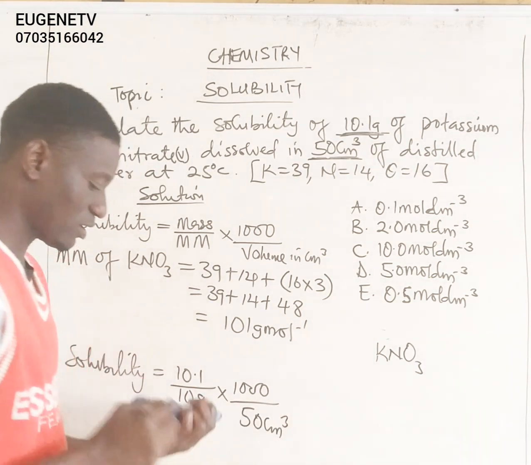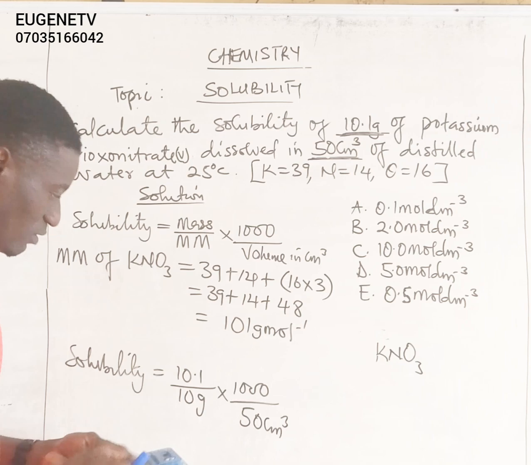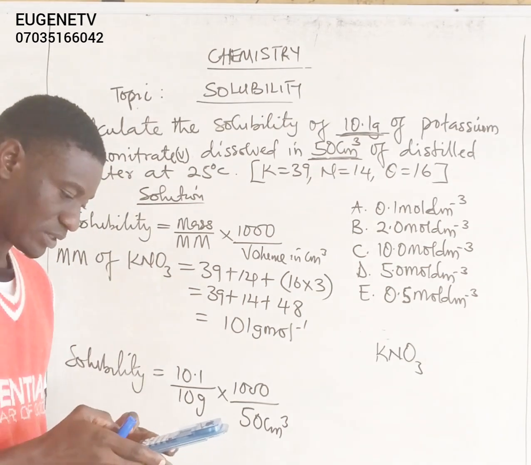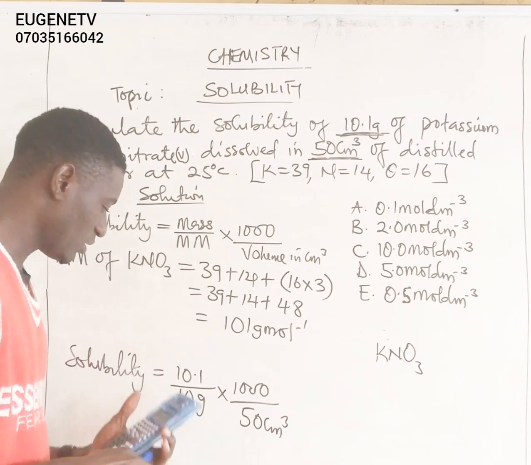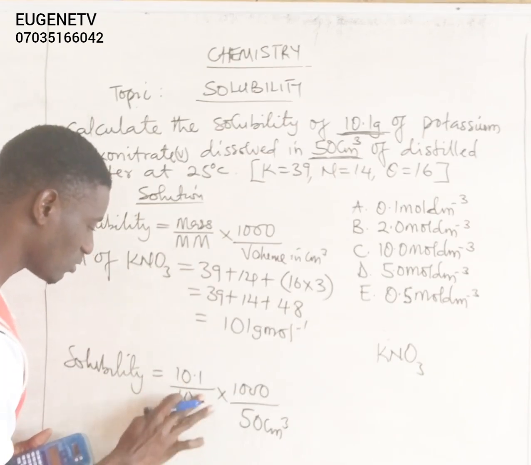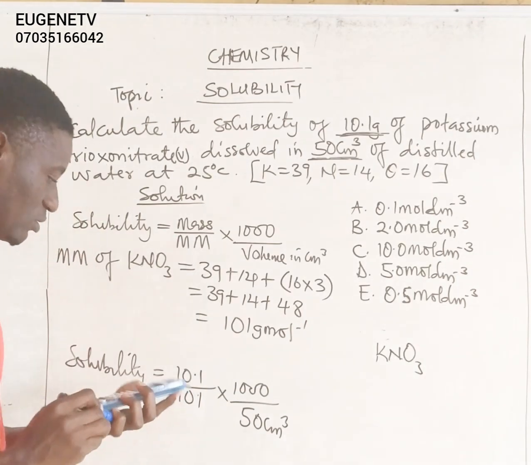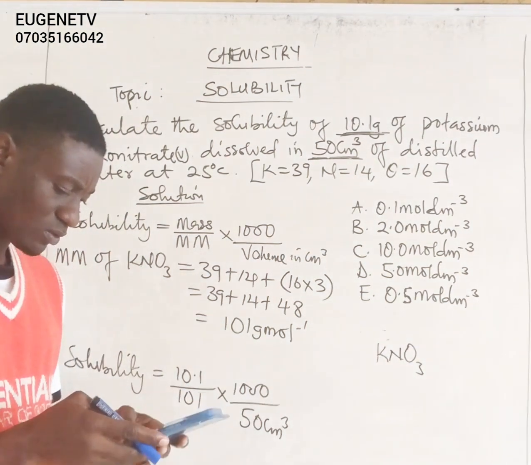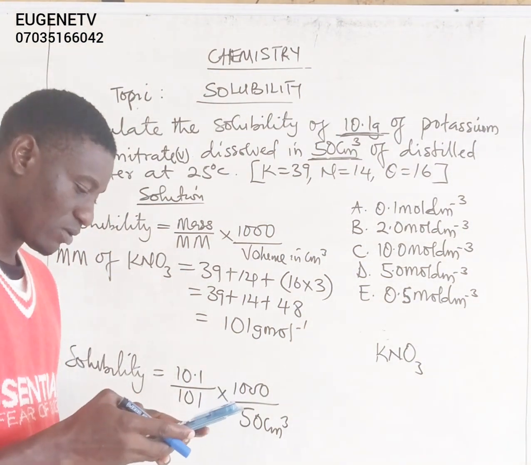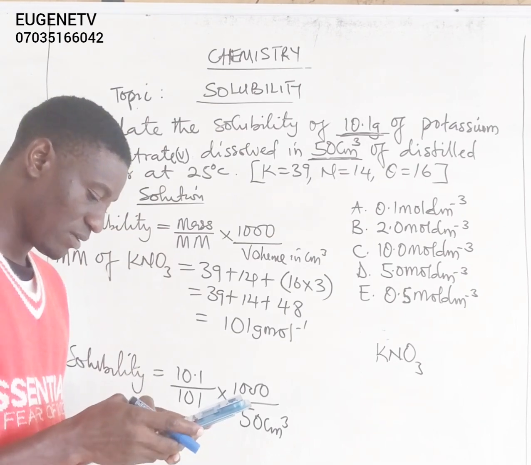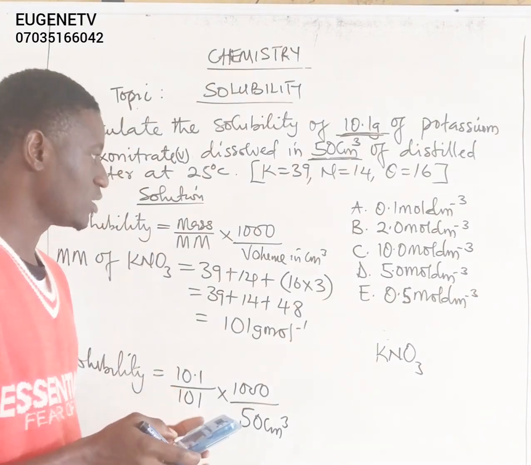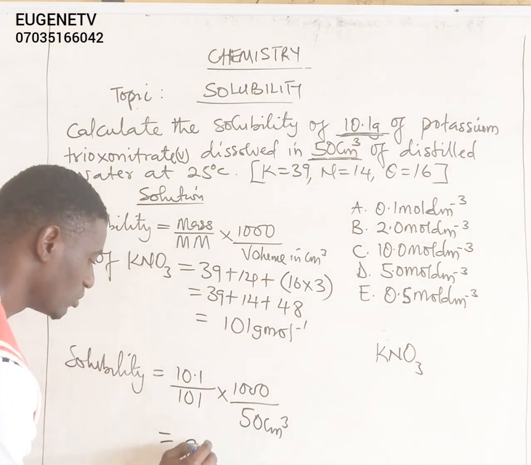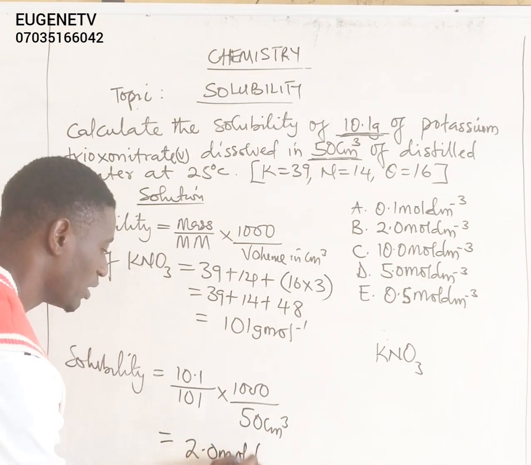So this is just very, very simple. Let us get our answer. 10.1 divided by 101, then multiply by 1000 and divide by 50. It's going to give us 2. The answer is 2.0 moles per dm³.